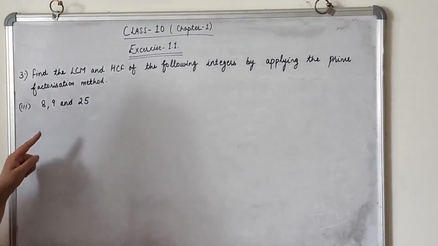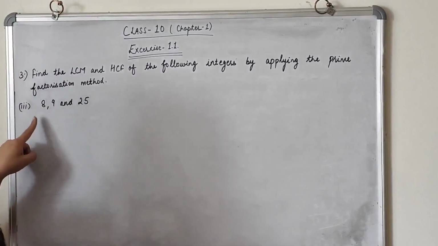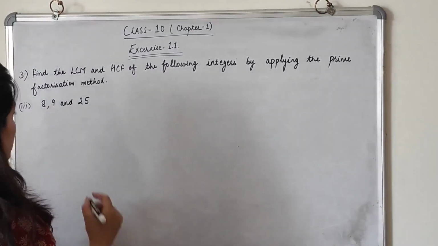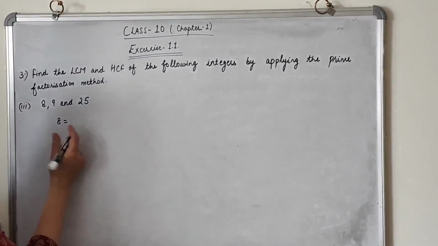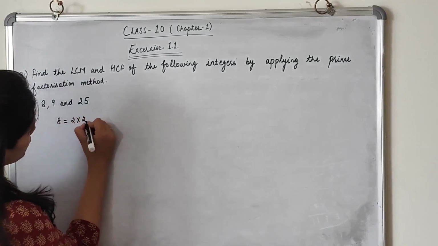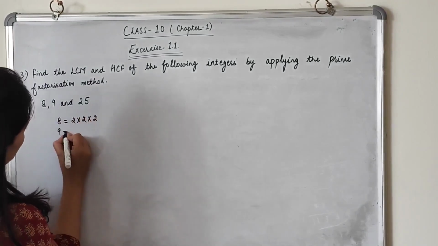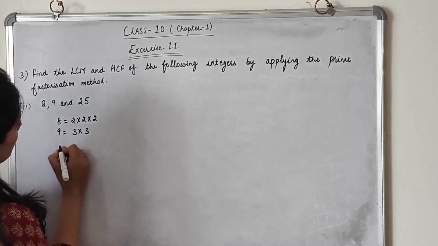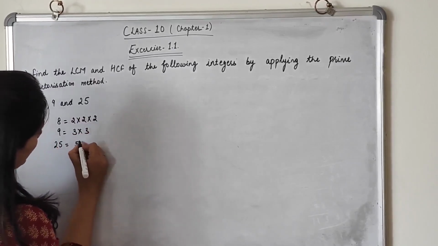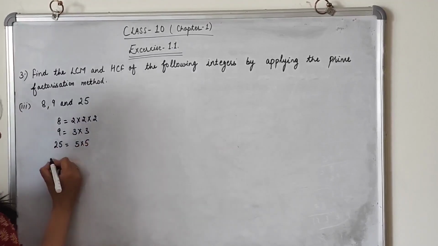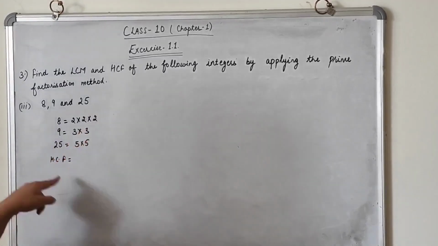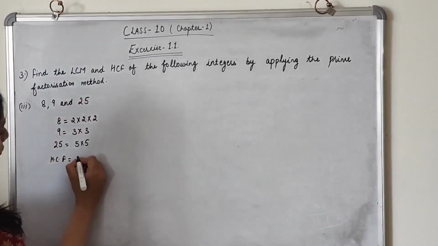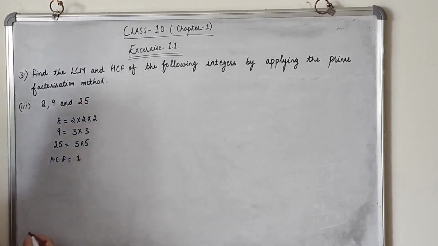Next question is find the LCM and HCF of 8, 9 and 25. Find the prime factors of these numbers. What are the factors of 8? 2 cross 2 cross 2. 9 is 3 cross 3. 25 is equal to 5 cross 5. Find the HCF. Nothing is common amongst these numbers, so HCF is 1, right?